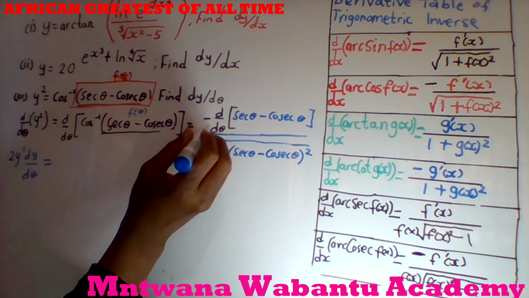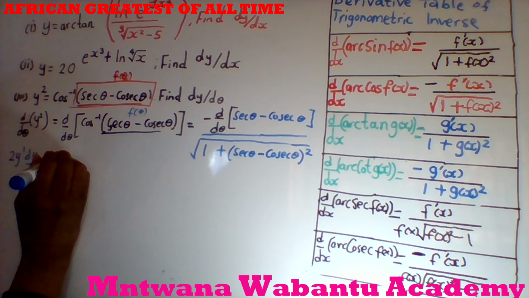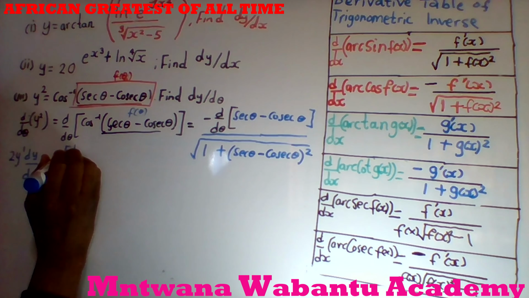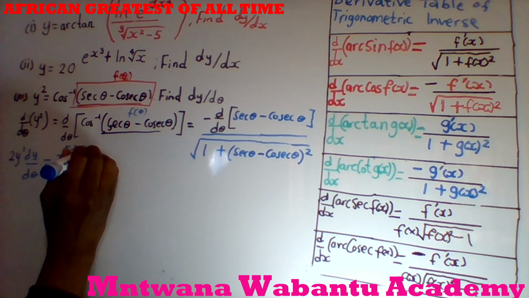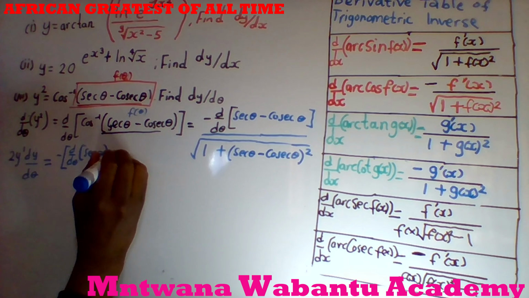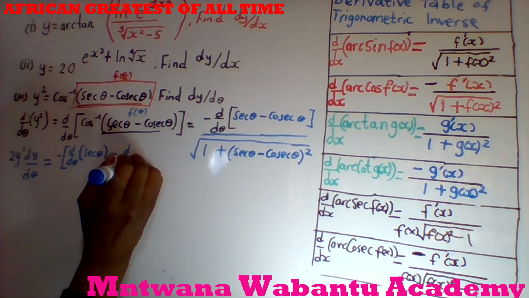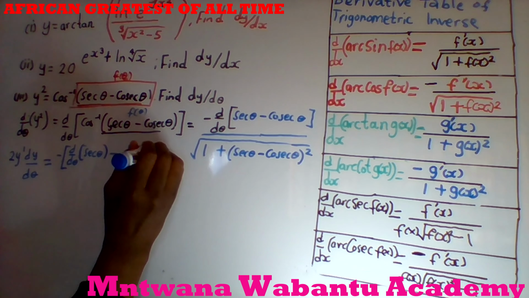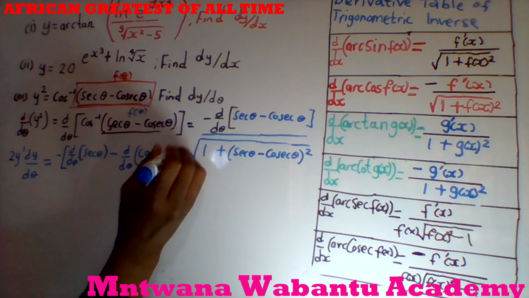Let's differentiate this one. I can separate it: negative, d theta of the first one, sec theta, minus d theta of the second one, cosec theta.